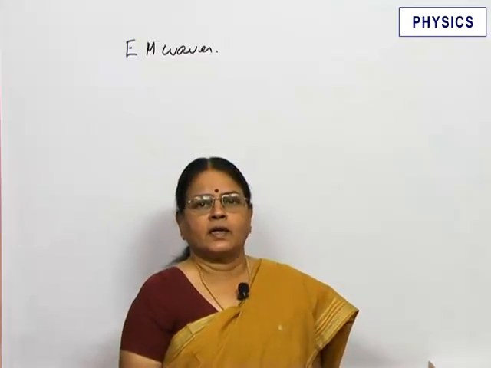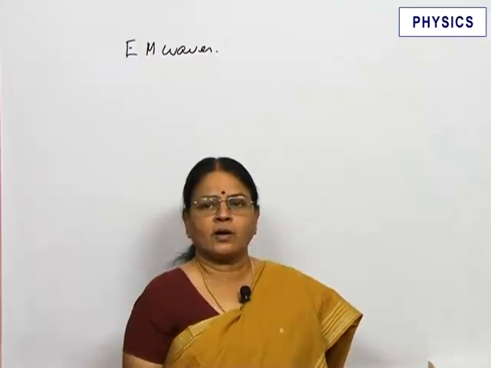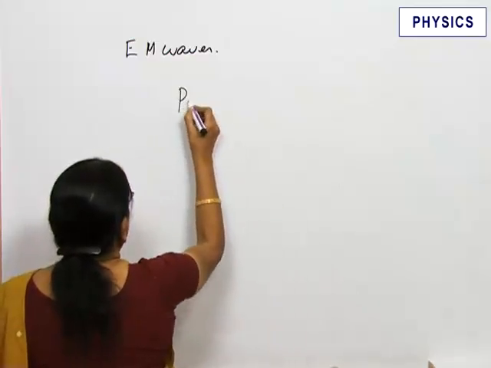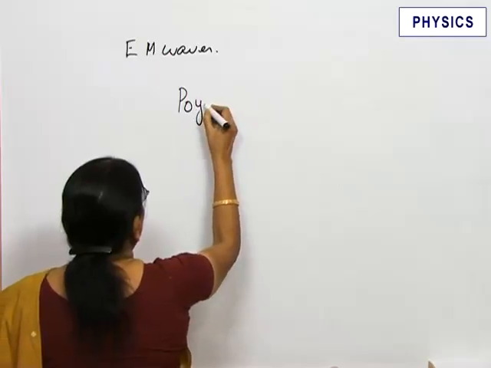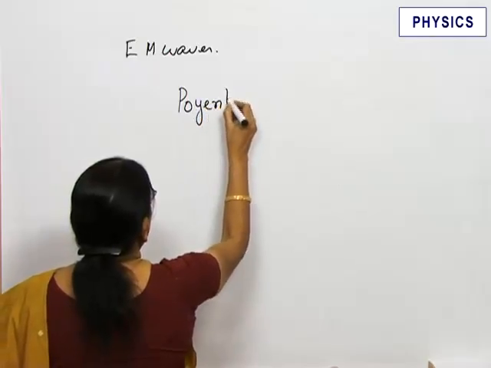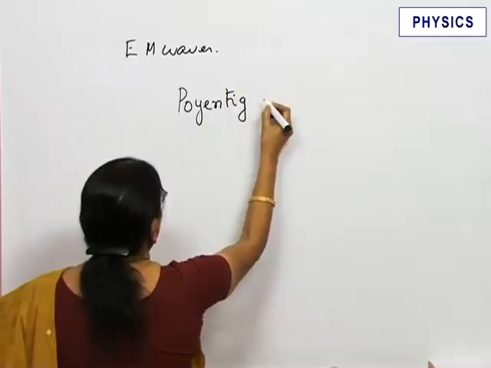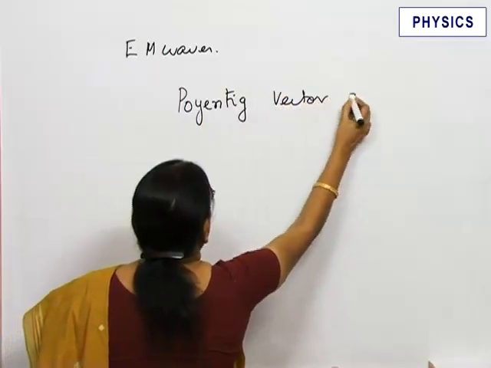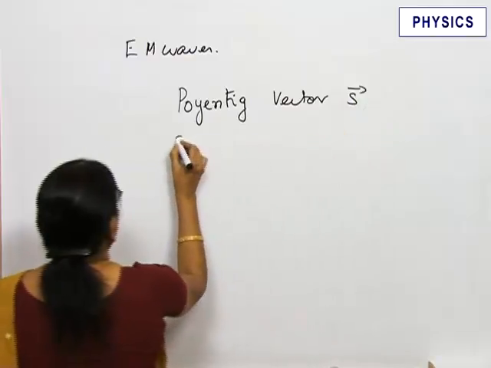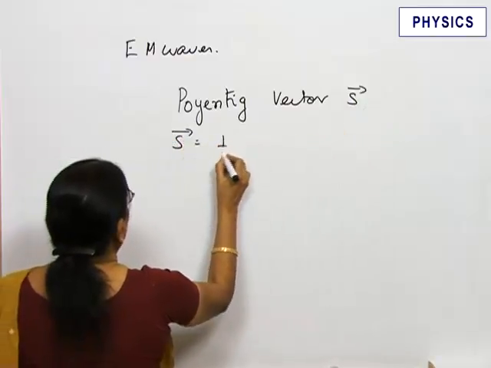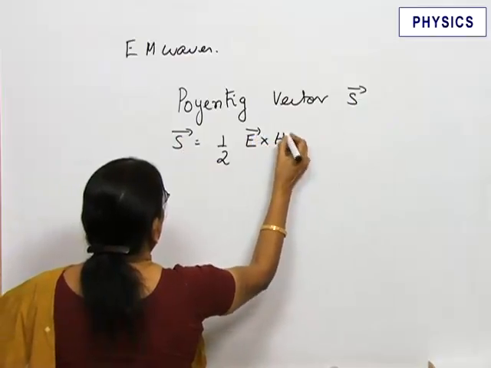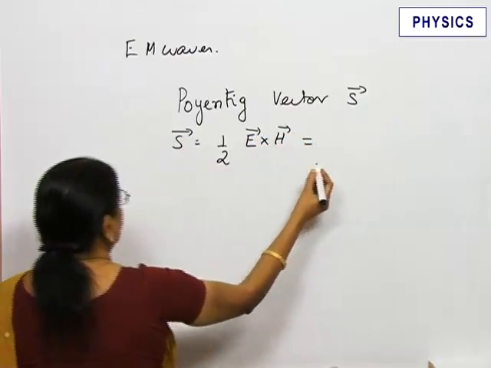The energy flow vector is called the Poynting vector. It is represented by S, and S is given by E cross H, where H is the magnetic intensity.